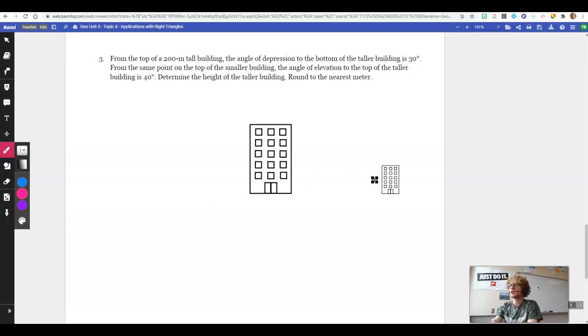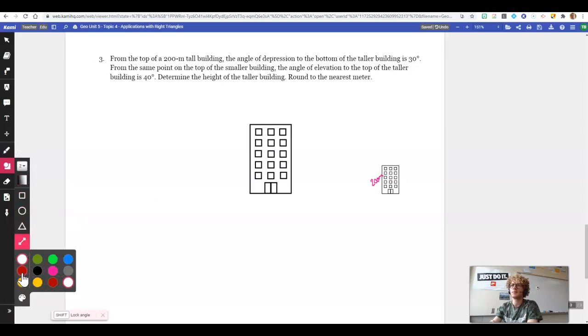So from the top of a 200-meter tall building, the angle of depression to the bottom of the taller building is 30 degrees. So I'm going to put in a horizontal line here from here, try to make it 0 degrees.